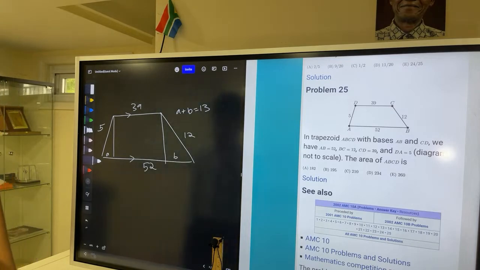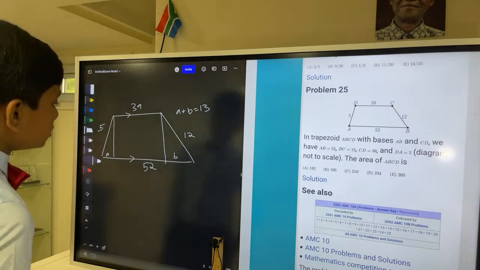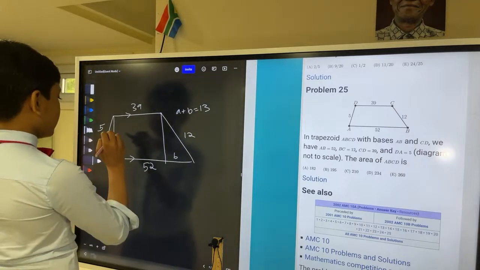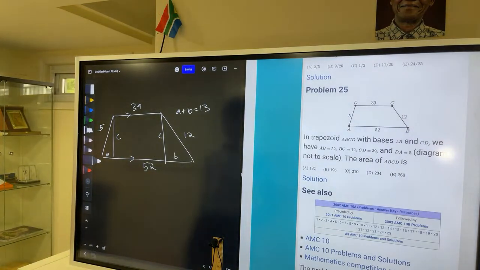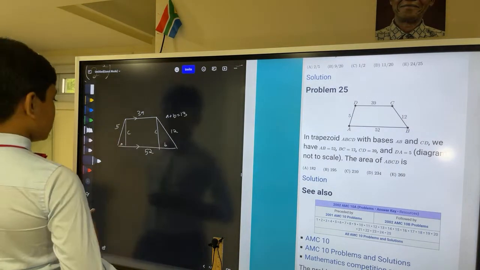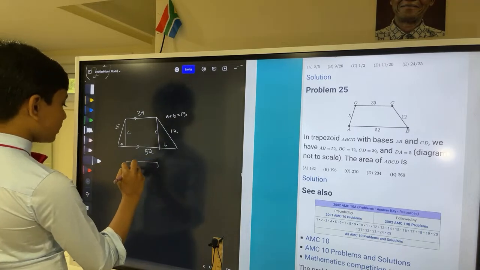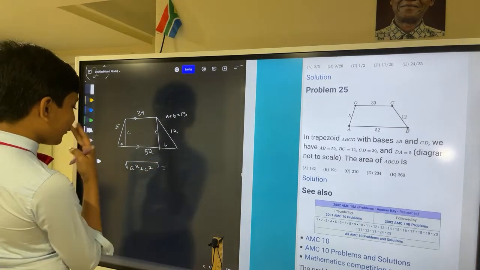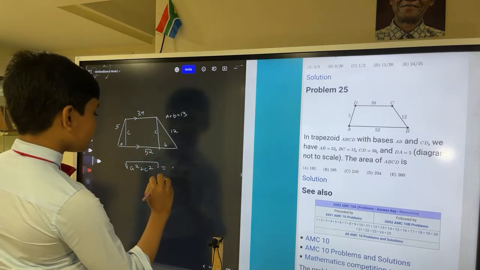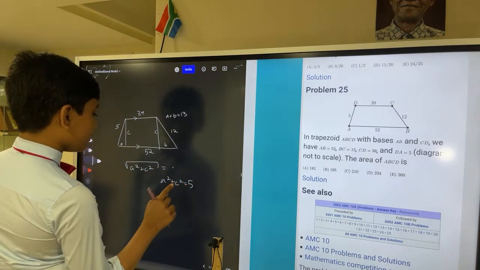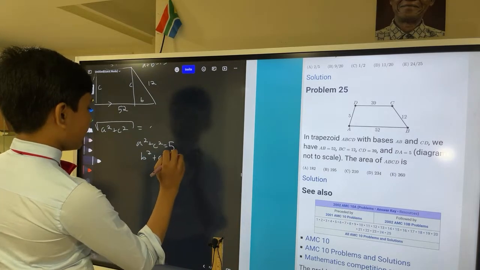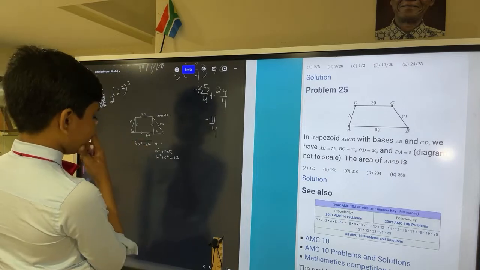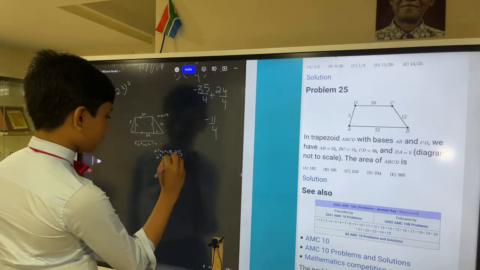What else do we know? Well, we also do know that this is going to be the exact same, C and C. So, square root of A squared plus C squared is equal to 5. Well, A squared plus C squared is 25. And B squared plus C squared is equal to 144.